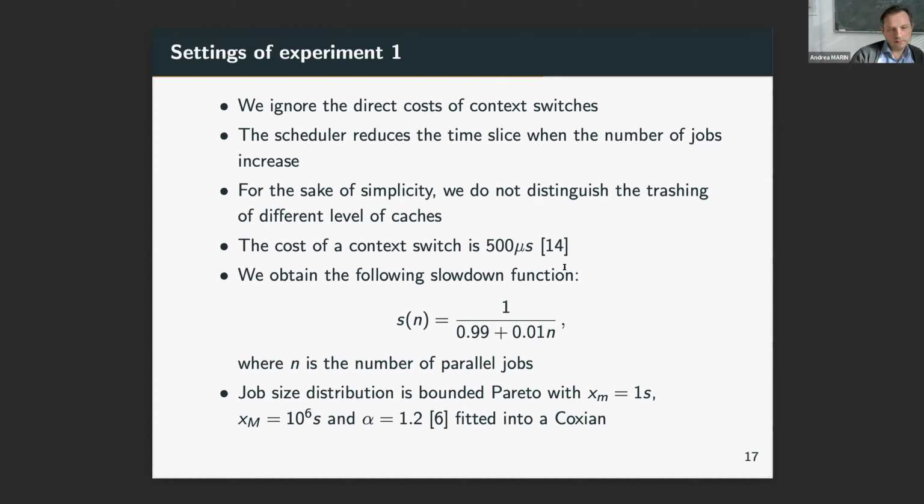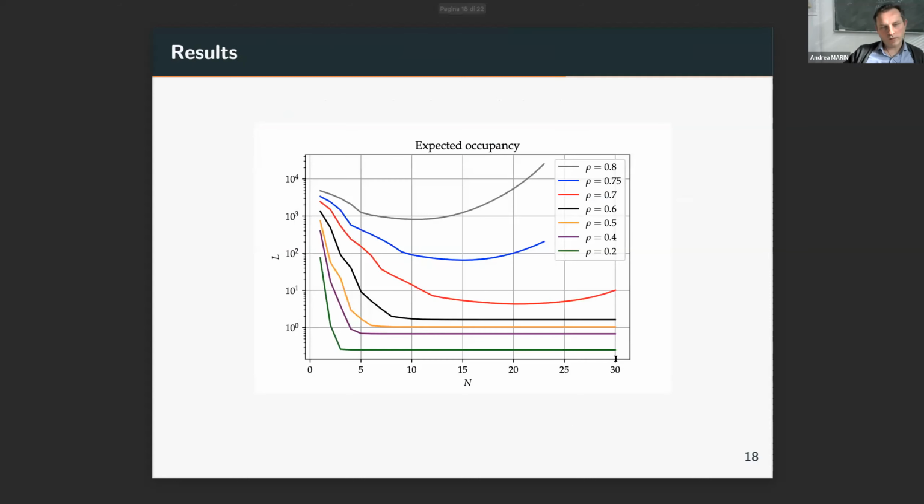By combining this value, we obtain this slowdown function here. The job sizes are taken from the literature and follow a bounded Pareto distribution from 1 second to 10 to the power of 6 seconds, 1 million seconds, with a parameter alpha of 1.2, and we fit this into a Coxian distribution. So this is the result that we obtain.